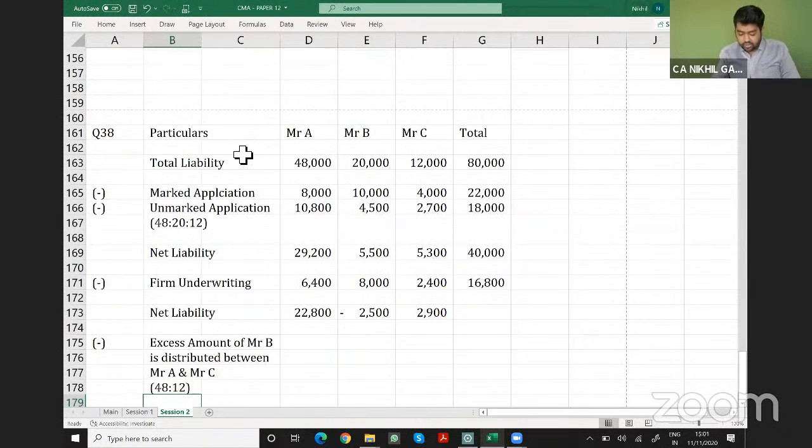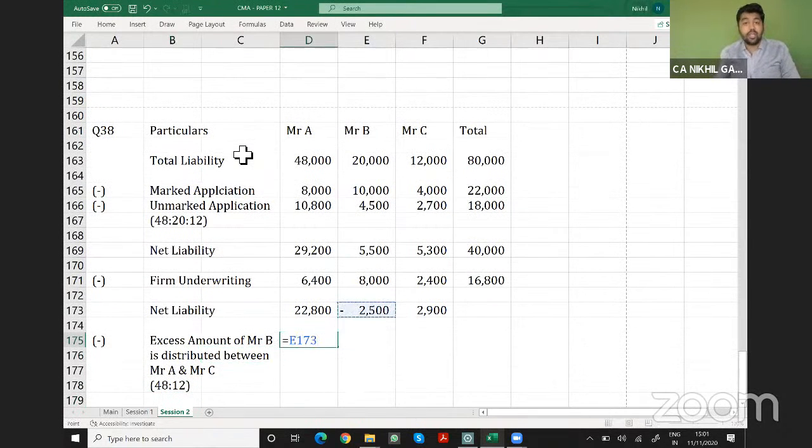So this 2,500 will be redistributed between A and C in 48:12 ratio. Means 2,500 multiplied by 48 divided by 60, and 2,500 multiplied by 12 divided by 60, which is 2,000 and 500.